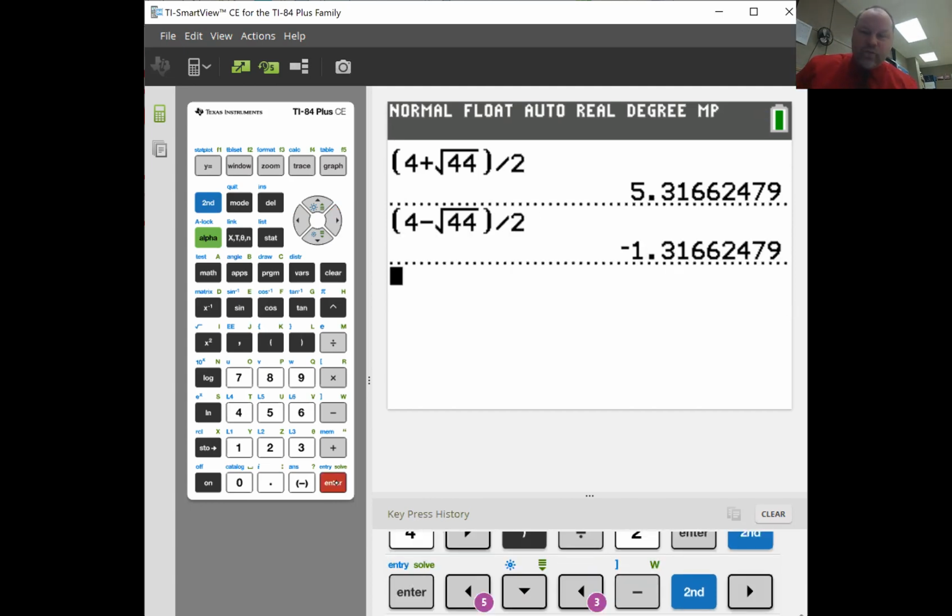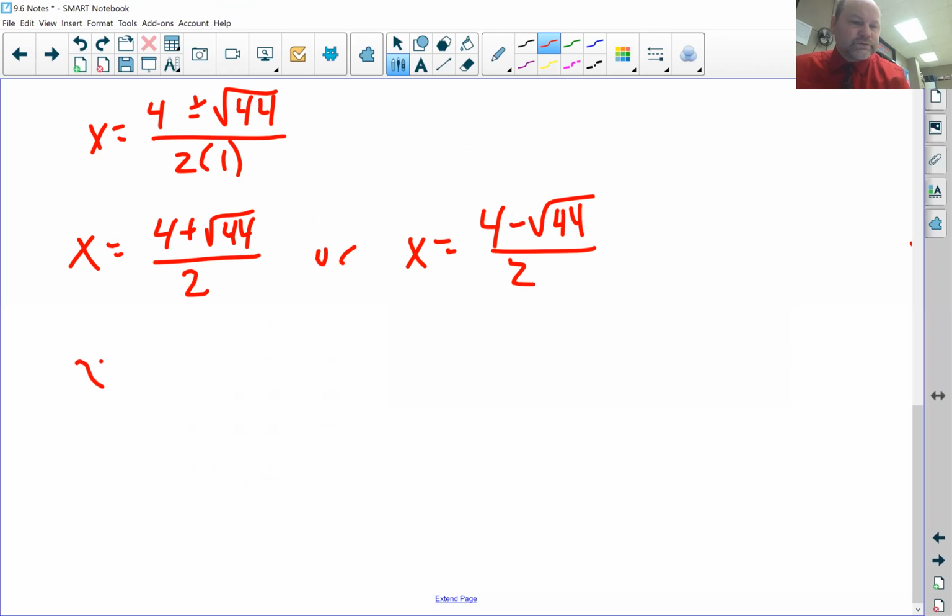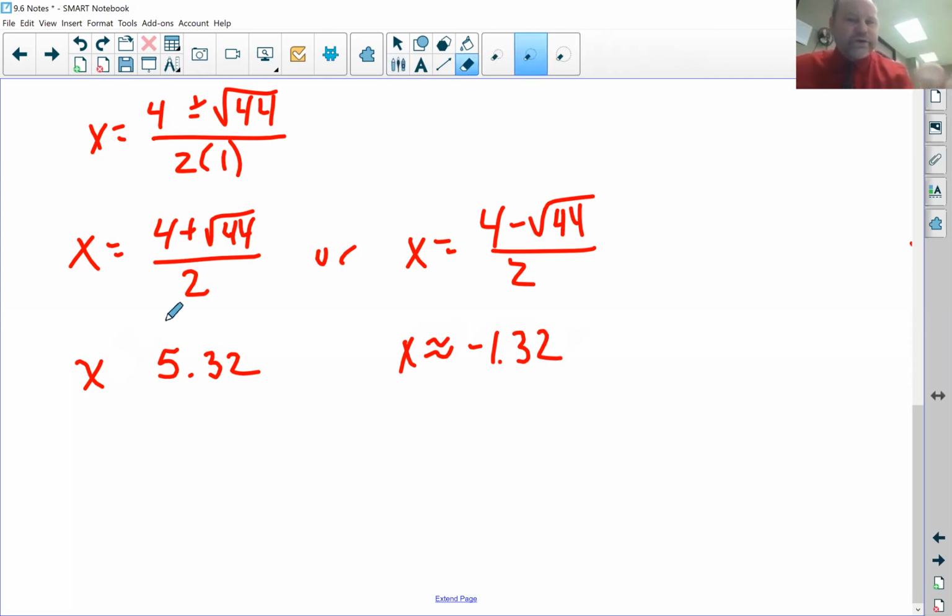And we get -1.32. Again, the 6 says take that 1 and make it a 2. So 5.32 and -1.32. And I should actually use the wavy equal sign because I'm rounding.